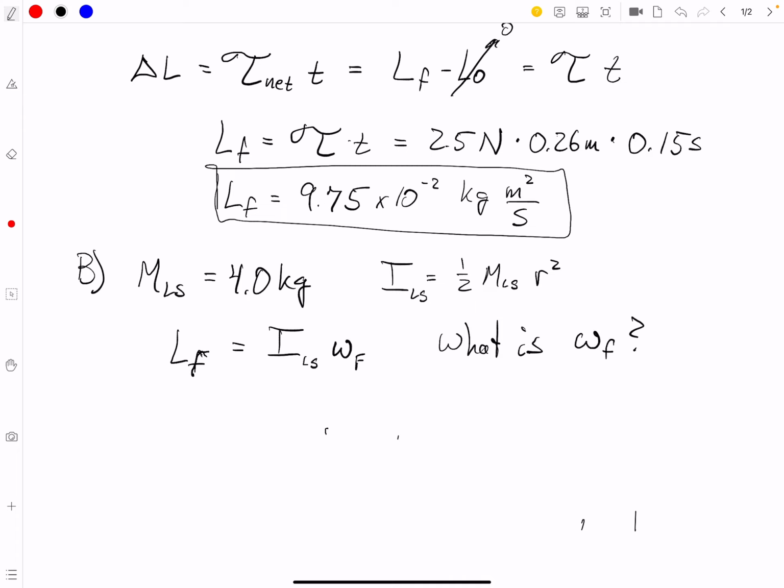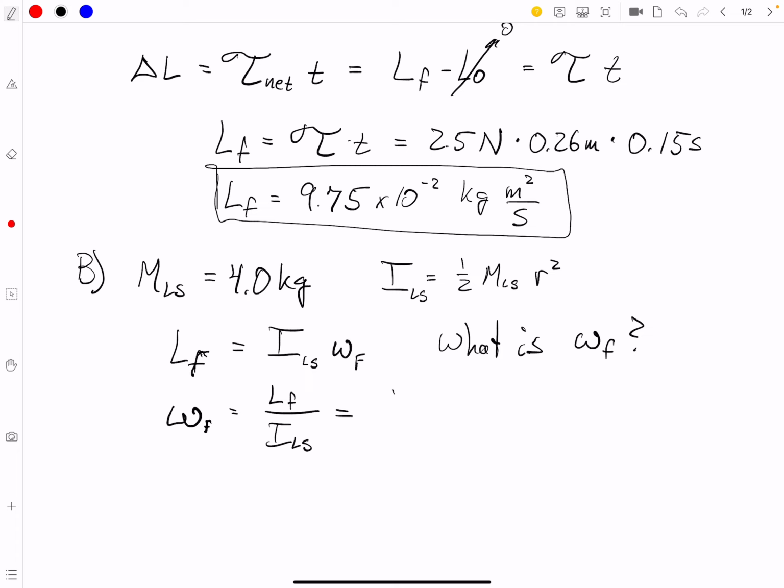What is omega final? So we'll solve that. Omega final is equal to our L final that we found, and we're going to divide by our I_LS, and that's going to give us a really great number.